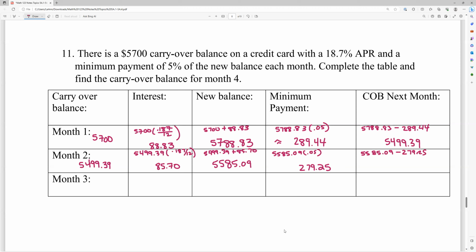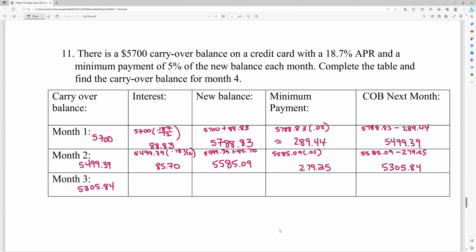See what our new balance is going to be. 5,585.09 minus 279.25. That'll be 5,305.84. Okay, that'll be our month 3 carryover balance.